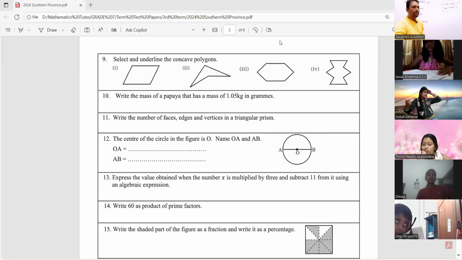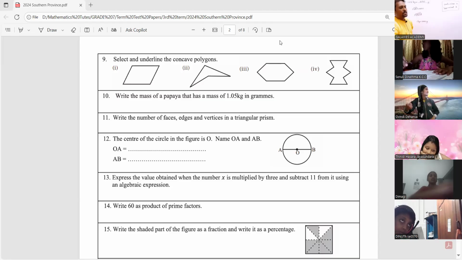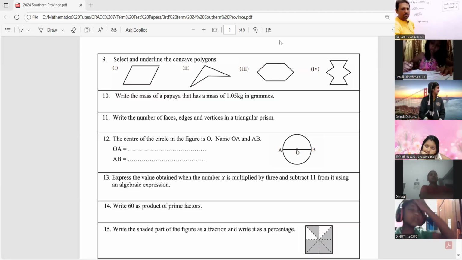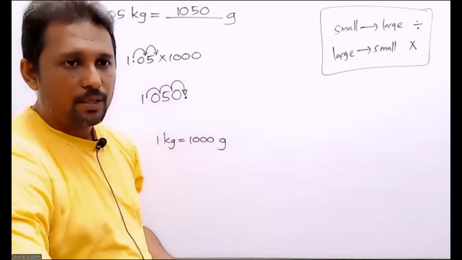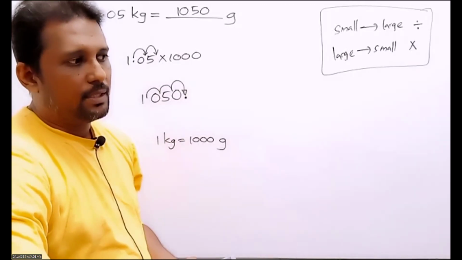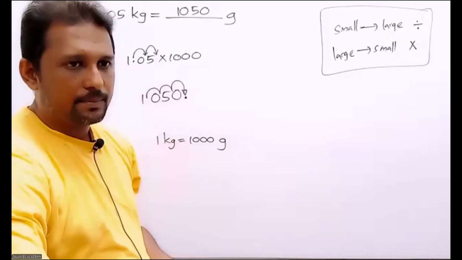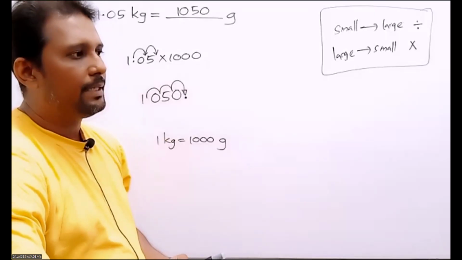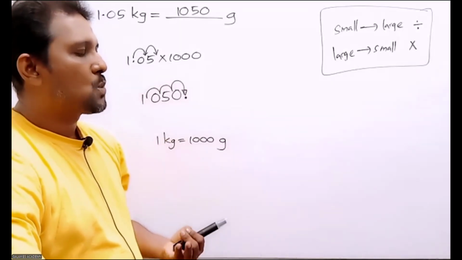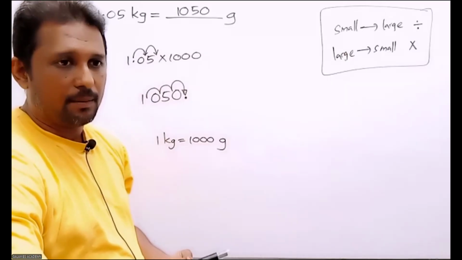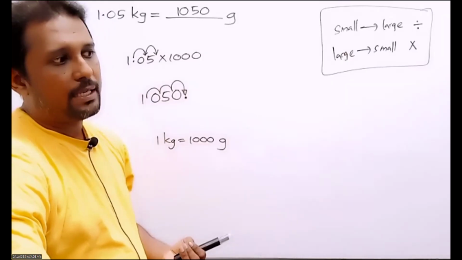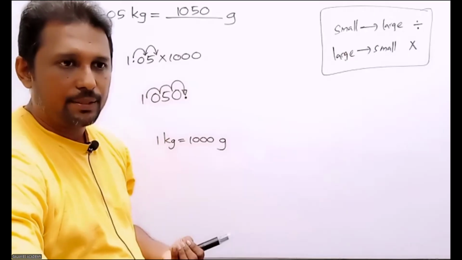Now you revise. What are the solids you studied in grade 6 and 7? You studied about cube, cuboid, regular tetrahedron, right? Then also you studied triangular prism. Then also you studied star pyramid, no?